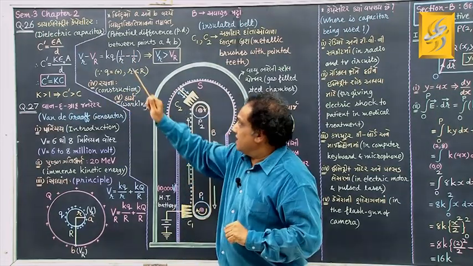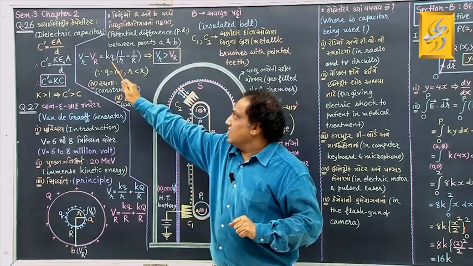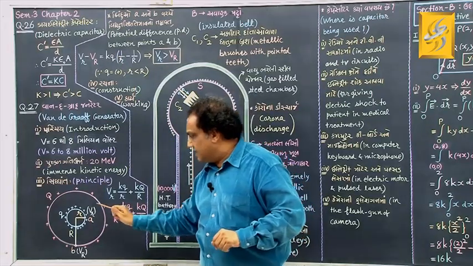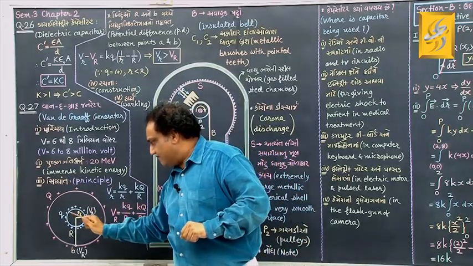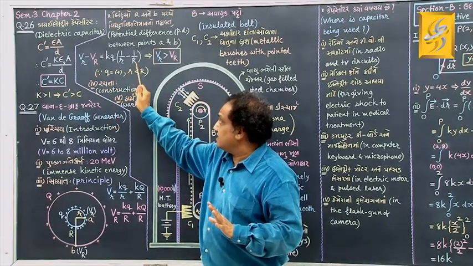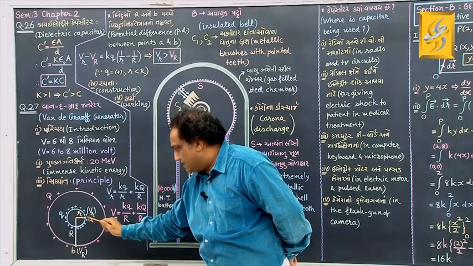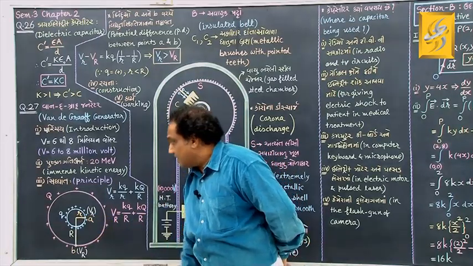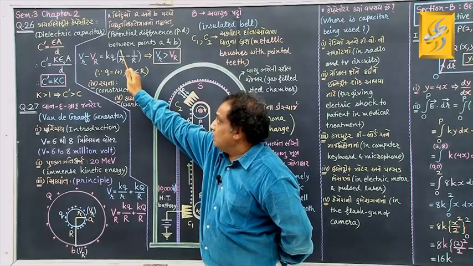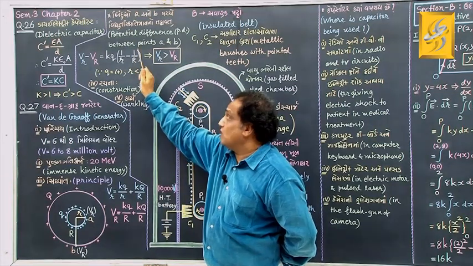Now look at the signs of all these terms. K value is always positive, small q is the charge on this inside sphere which is positive, so q is positive. Small r is less than capital R, and because this term is smaller, 1 upon the smaller term will give you a bigger value, minus 1 upon the bigger term which gives a smaller value.